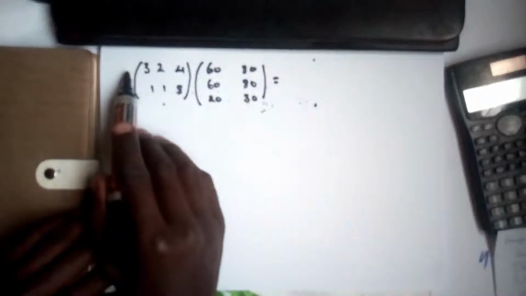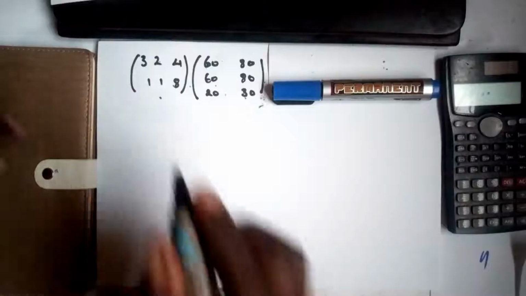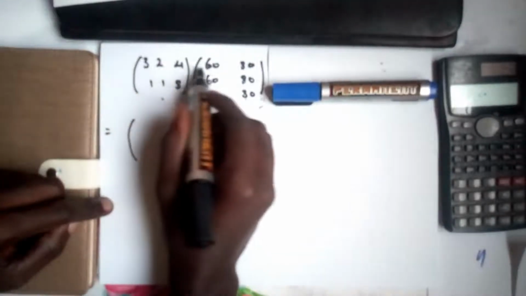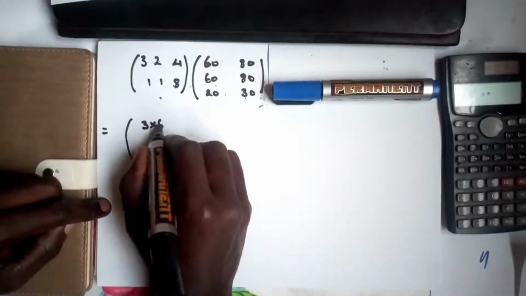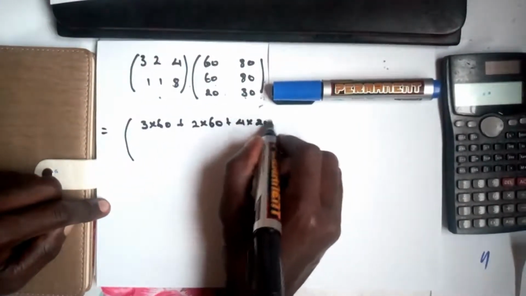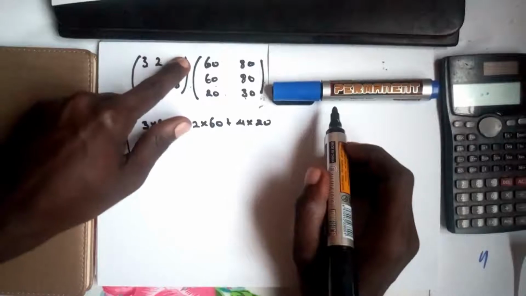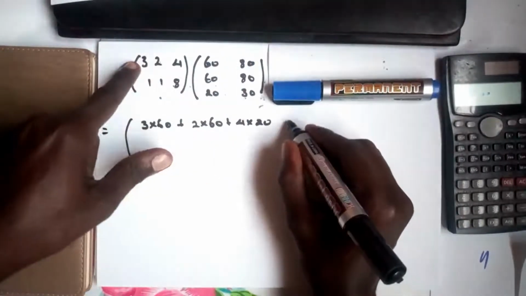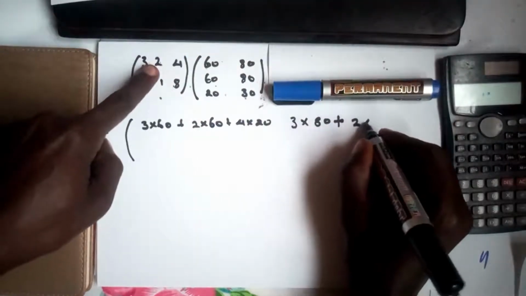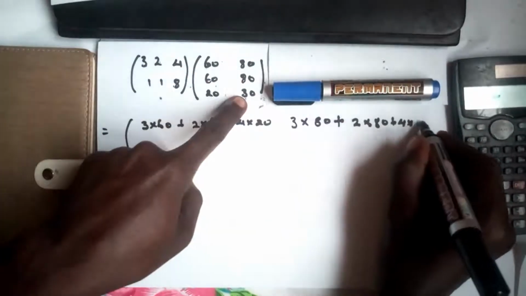So Jack can buy all like that. So this one becomes 3 times 60 plus 2 times 60 plus 4 times 20. Then this one becomes, we multiply this with this, so it is 3 times 80 plus 2 times 80 plus 4 times 30.